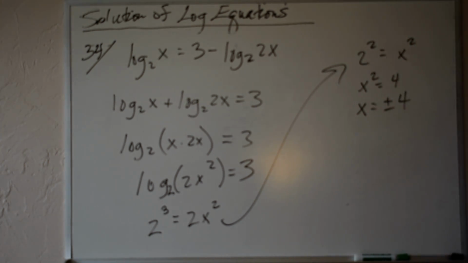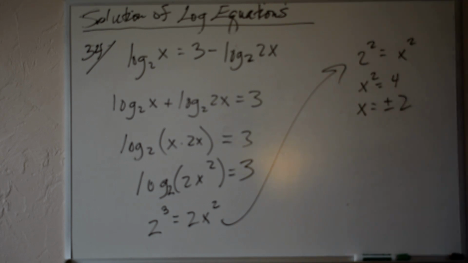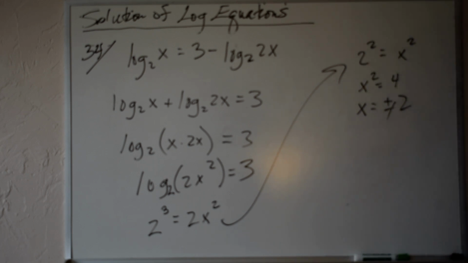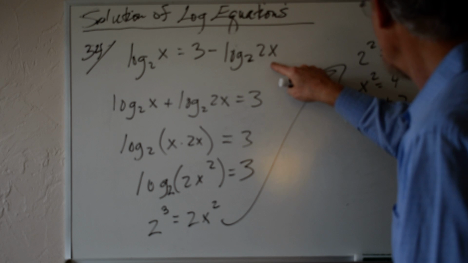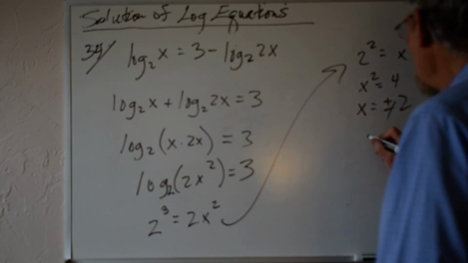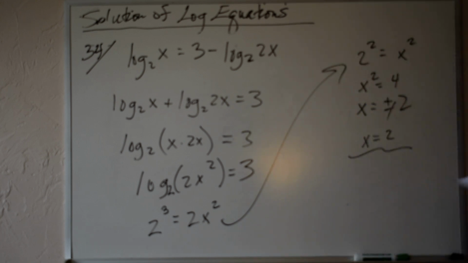Algebraically, it gives you two numbers, plus 2, minus 2. But we know you can't take the log of a negative number, so there's no way we could plug x equals minus 2 in there. So my answer must be x equals positive 2 only.